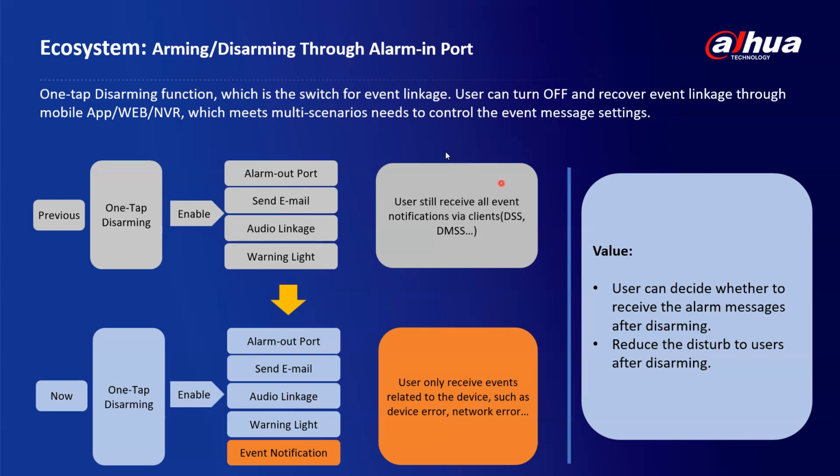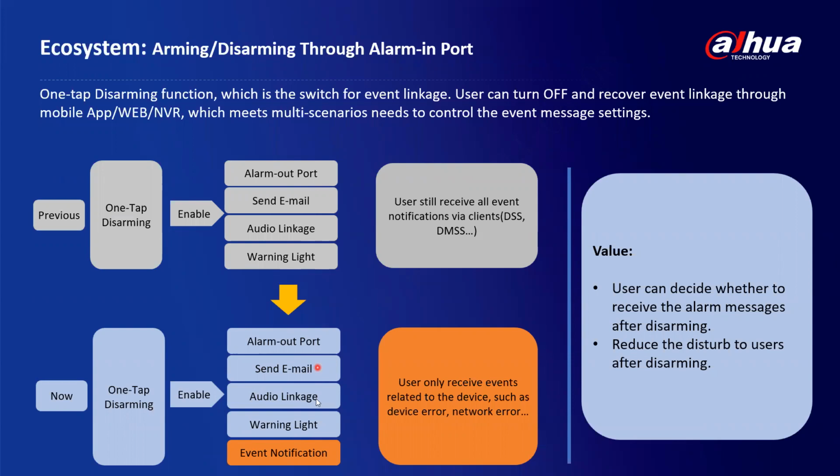But with the current products, one can choose only the events that one needs to receive through their application phone. Let's say, for example, if you tap it on, we have a choice to have the alarm output port enabled. You have a choice to have the email enabled.